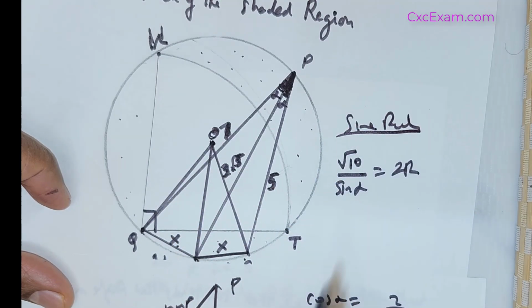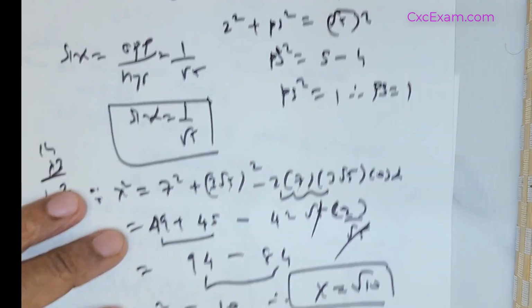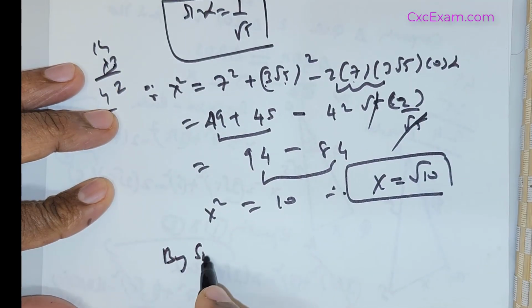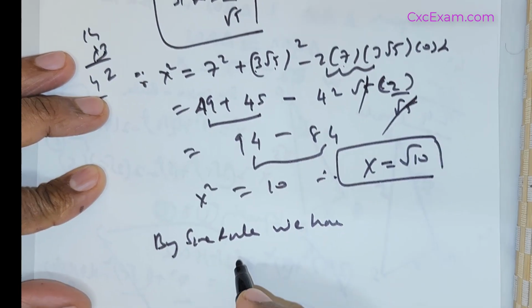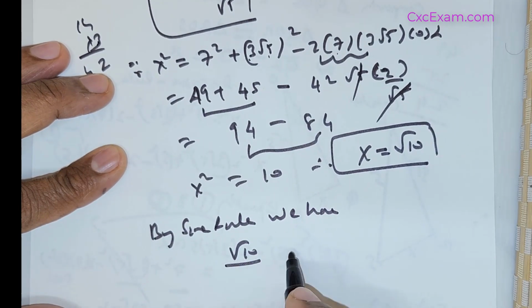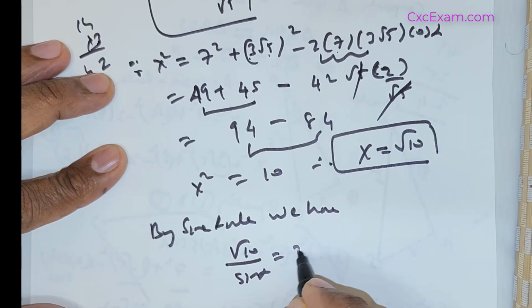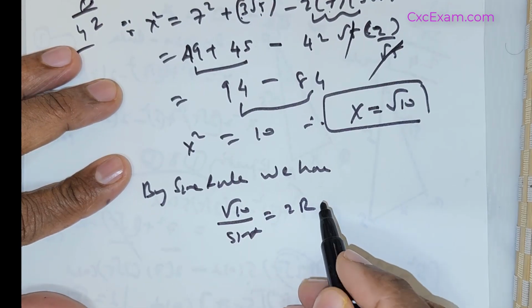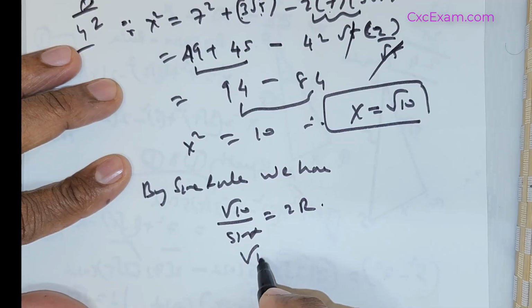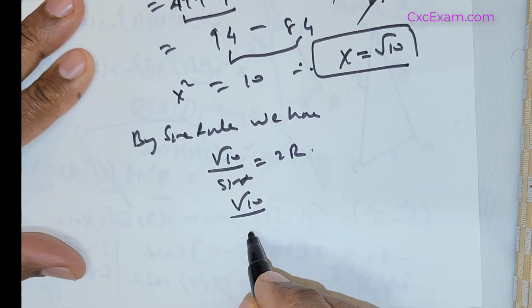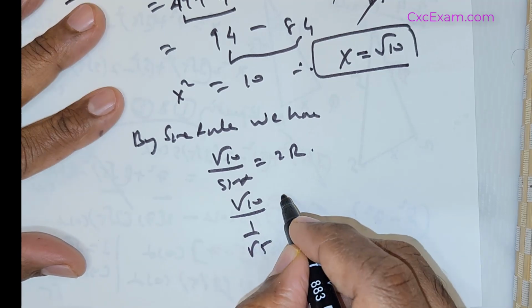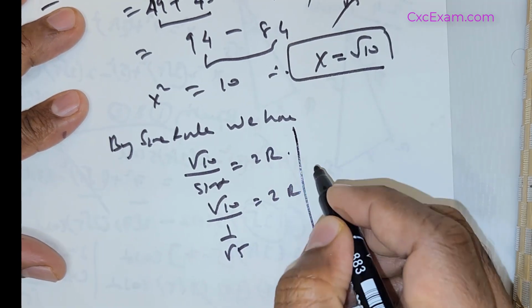Okay, I'm just using sine rule, so let me use it. So by sine rule we have, what do we have? We have root of 10 divided by sine alpha is equal to 2 times r. R is the radius of the circle. So sine alpha is 1 over root 5. So this is root of 10 divided by 1 over root 5 is equal to 2 times r.